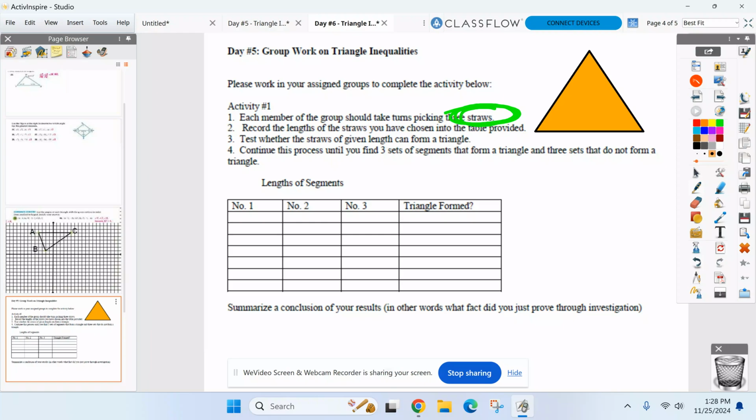We go much higher level, so we're going to be doing sticks of licorice here, strands of licorice. What I'm about to do right now, and you're going to act a lot more mature than period 4 was today, is put the strands of licorice in front of you, and you are going to take a straight edge, and I'll get some straight edges out. You need to actually measure for me today.